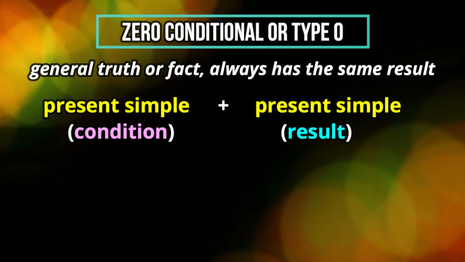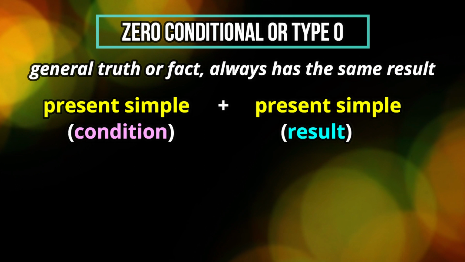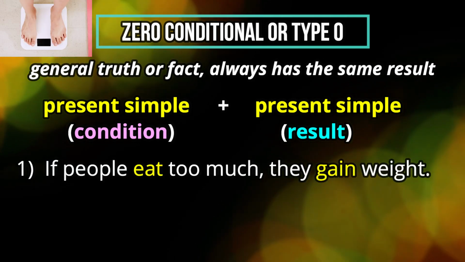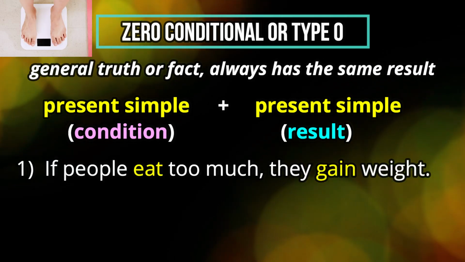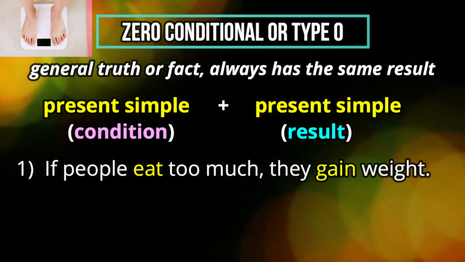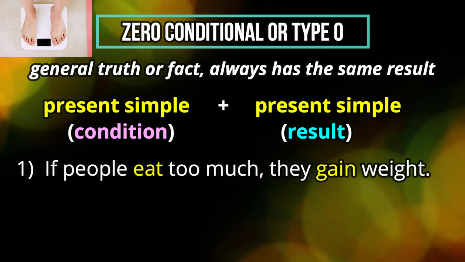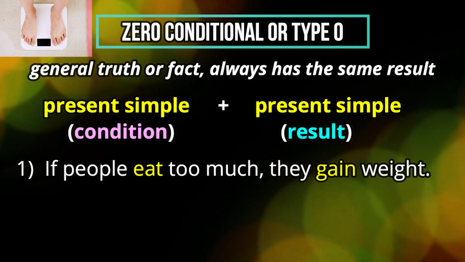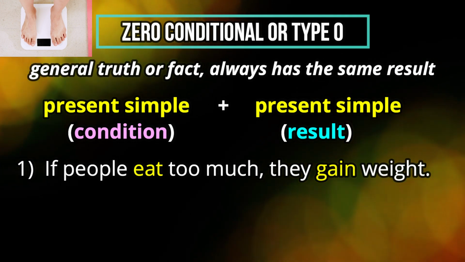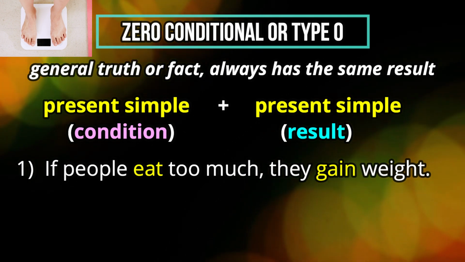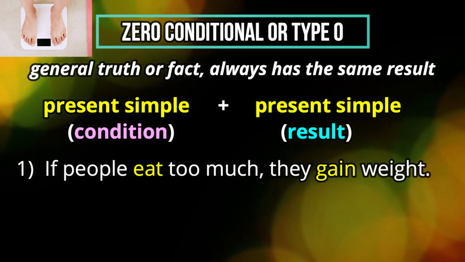So let's look at the examples. The first one, if people eat too much, they gain weight. Is this a general truth? I would say yes, unless the person has a high metabolism and they can eat a lot of food. But generally, if people eat too much, they gain weight.